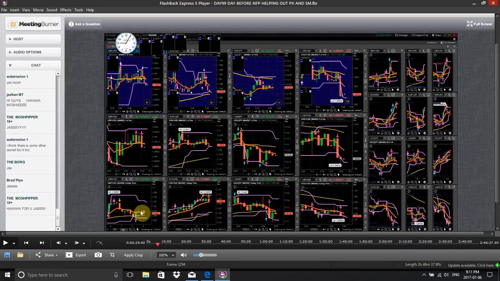By the way, there's three biases. You can have an up bias, you can have a down bias, or you can have an up and down bias. So here on the GU, my bias is clearly up.